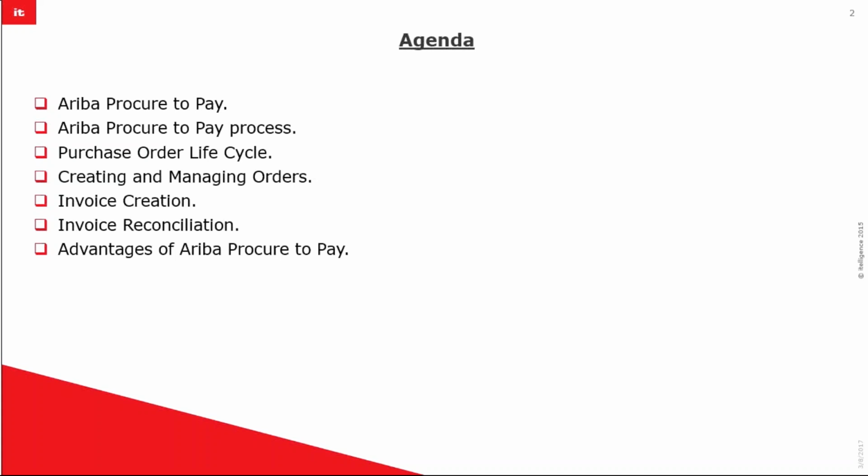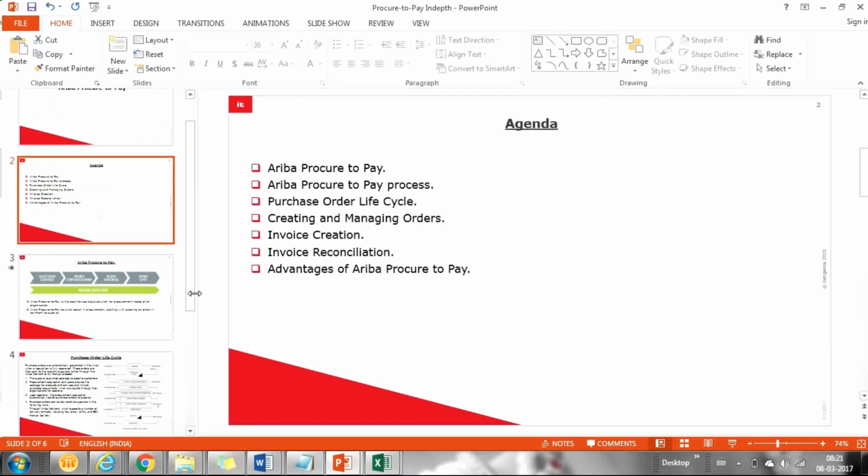If a contract is there, the price comes automatically. But for a non-PO invoice, there is no contract. Then how does the buyer manually put the price? On what basis does he key the price?